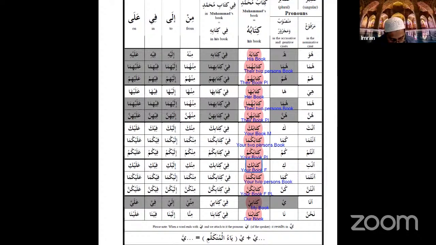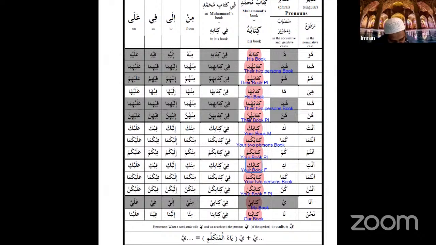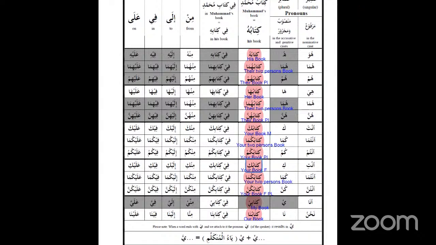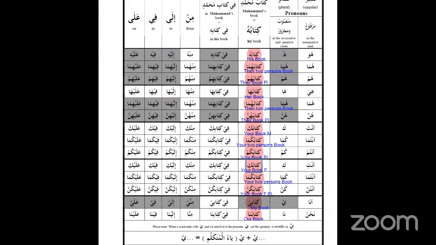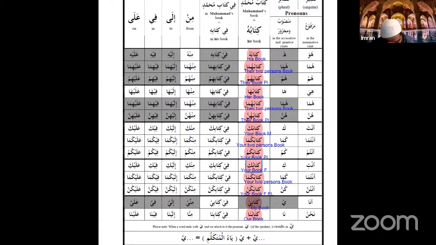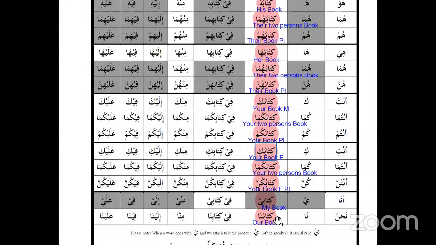Kitabukuma, your two-person book. Kitabukum, your book, plural. Kitabuki, your book, feminine. Kitabukuma, your two-person book. Kitabukunna, your book, female plural. Kitabi, my book. Kitabuna, our book. Excellent. Brilliant.